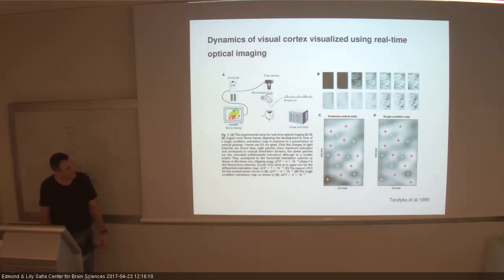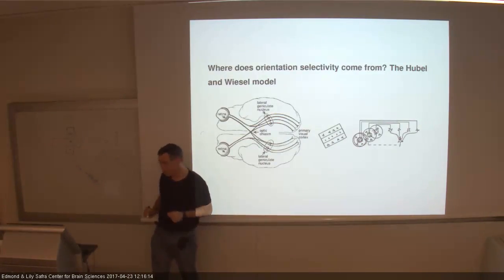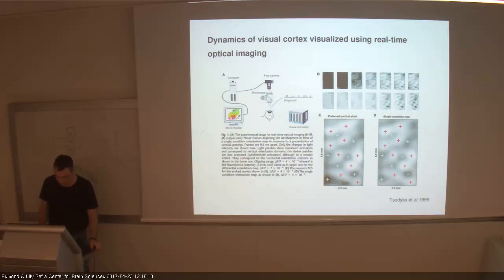There are several problems with this feed-forward approach. I will not go into all of them. One of them is, if you look at the anatomy, well, it doesn't make much sense.